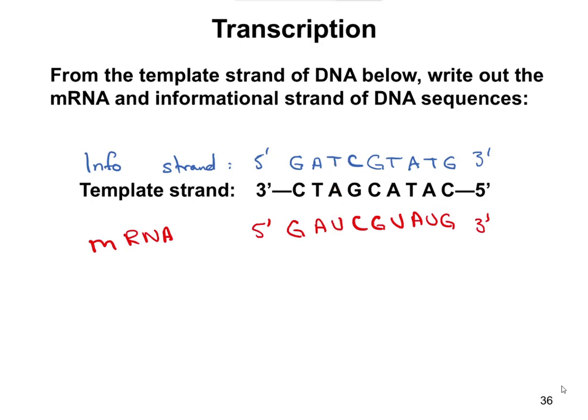Now, the one thing to keep in mind, though, is that whenever we make this messenger RNA, we're making it from this template strand, and we're making it by adding complementary bases, C to G, T to A, A to U, G to C, and so on and so forth.